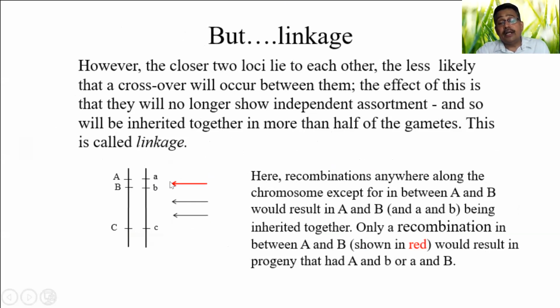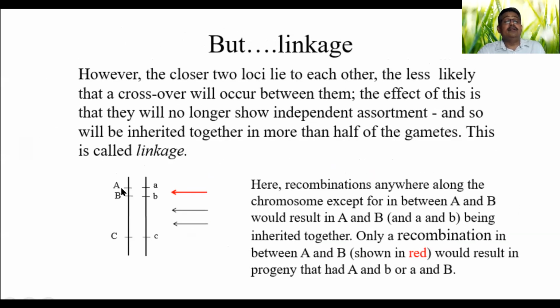If the markers are very closely located, there is less chance of recombination. If the markers are located a little farther apart, there is a possibility of recombination. So the closer the loci lie to each other, the less chance for recombination.